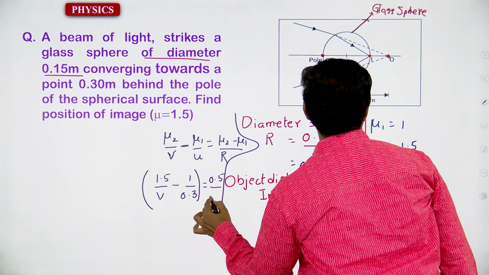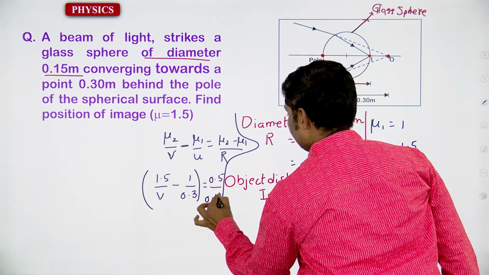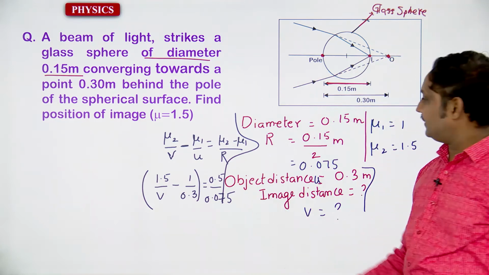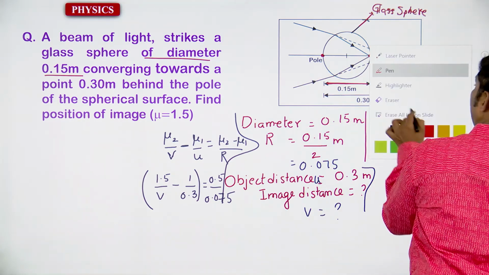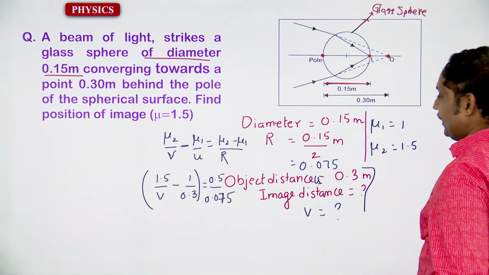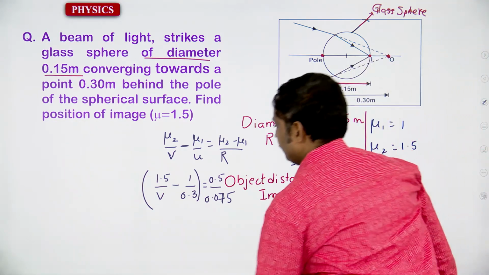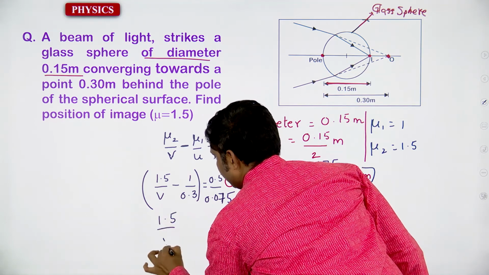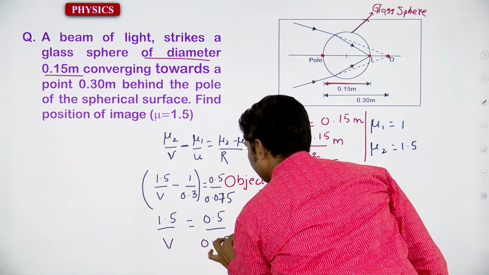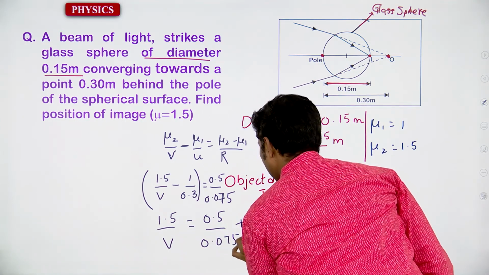What is the r value? It's going to be 0.075. So 1.5 by v is equal to 0.5 by 0.075 plus 1 by 0.3.